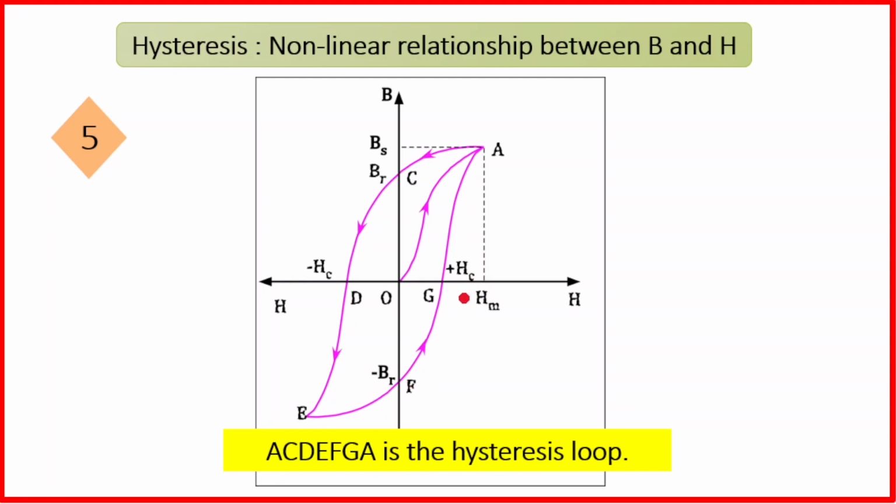As a result, a closed curve ACDEFGA is obtained for a complete cycle of magnetization. This closed BH curve is known as the hysteresis loop. In the next video, we'll discuss hysteresis loss.